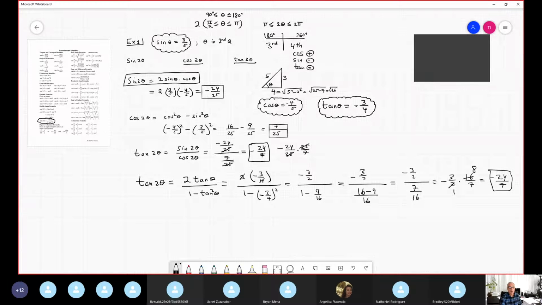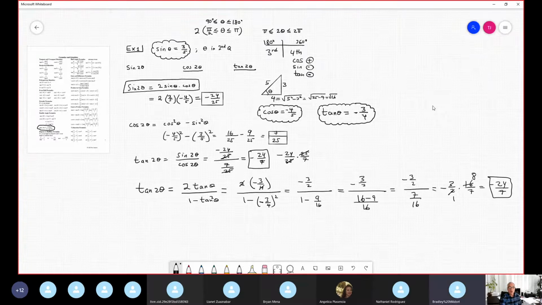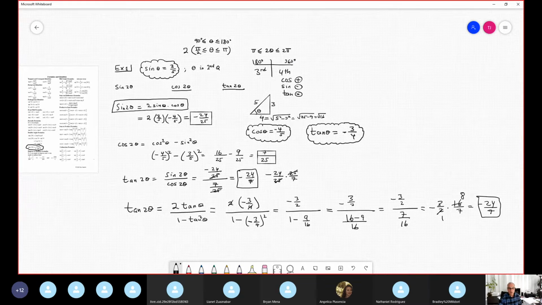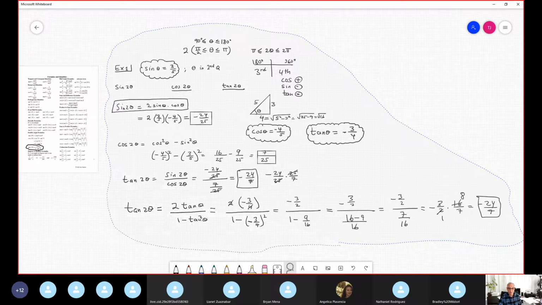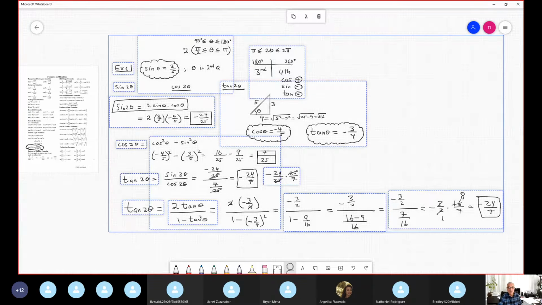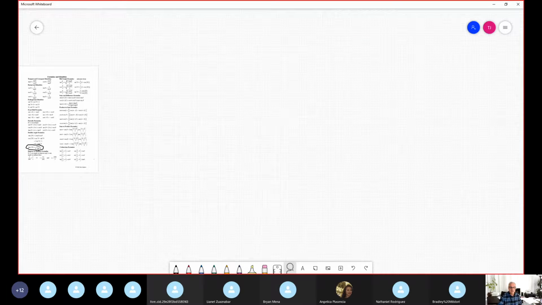Clear so far or no? Yes. Okay, beautiful. Let's move on to example 2. Similar, repetition again, similar idea. The most important thing is that you apply the formula, plug it in. That's it. What about the signs?